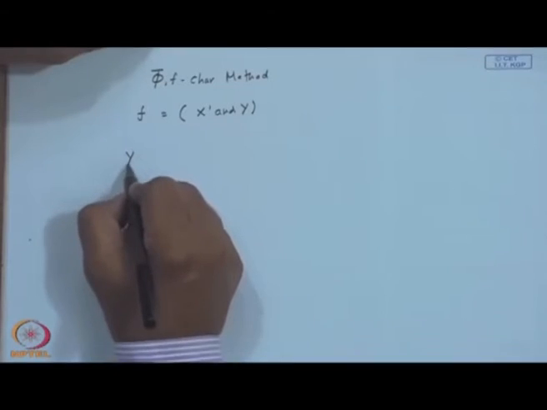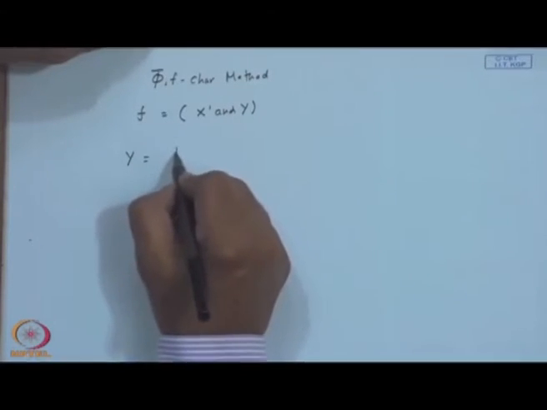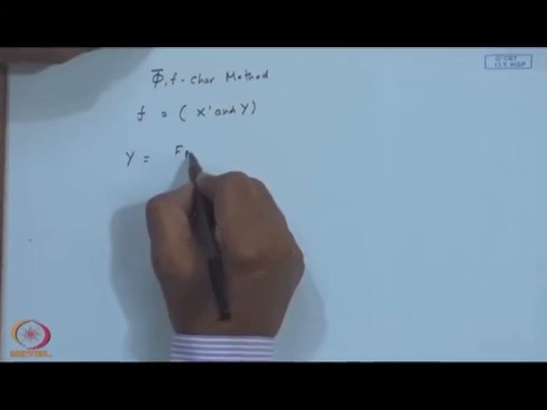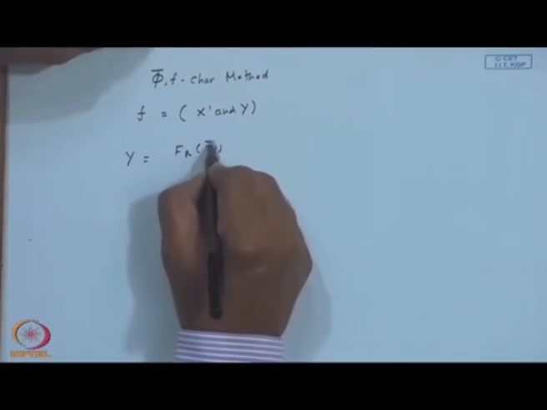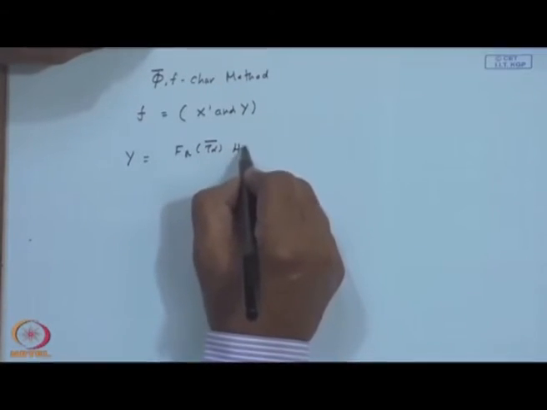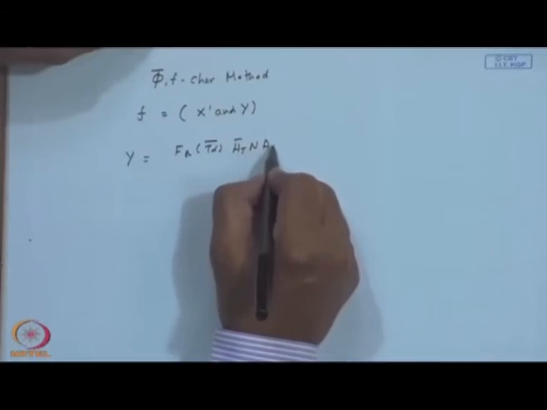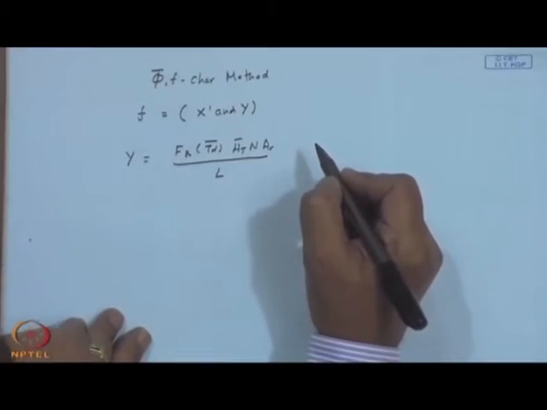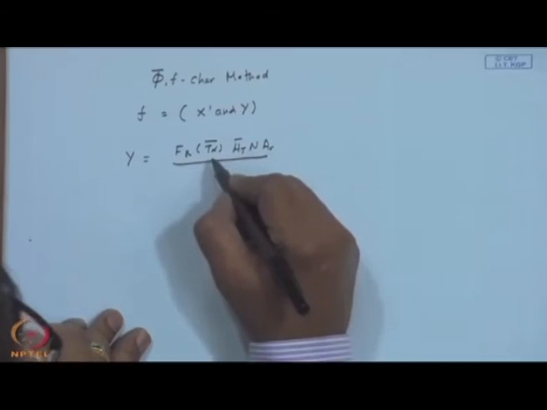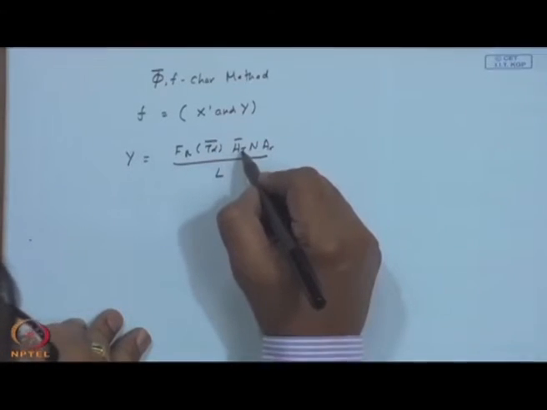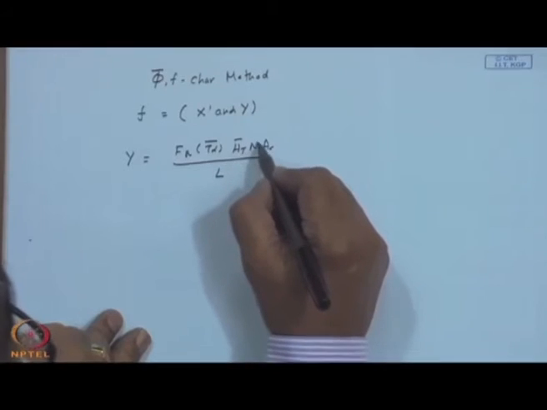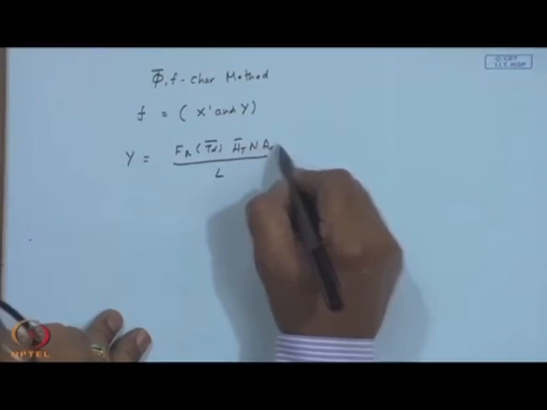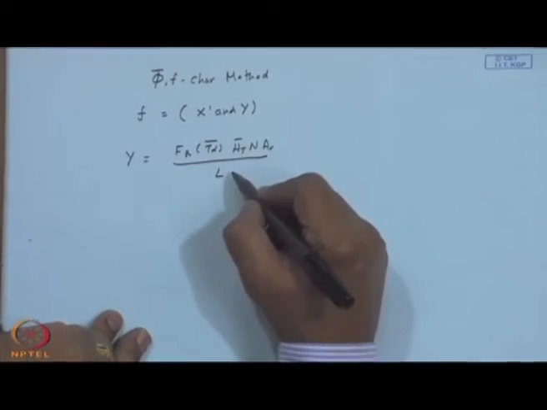Y is exactly the same as the one that we have written for the F chart method. Where F_R is your collector heat removal factor, tau alpha the transmittance-absorptance product, solar radiation monthly average daily multiplied by the number of days in the month, and the area of the collector upon the load.